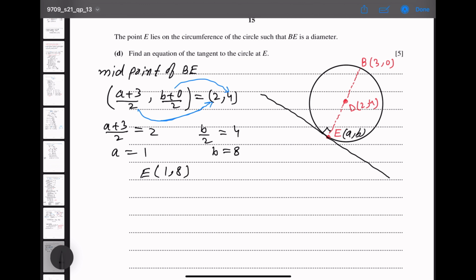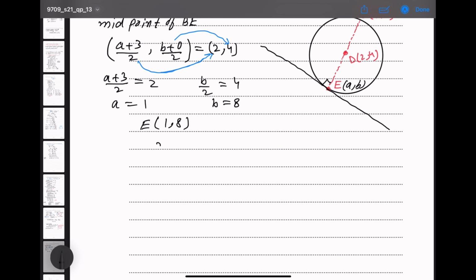Now we will find the gradient of the tangent. The gradient of the tangent will be the negative reciprocal of the gradient of DE. So first we will find the gradient of DE. Points are given, 1, 8 and 2, 4.